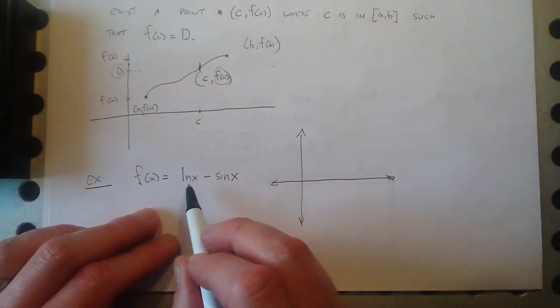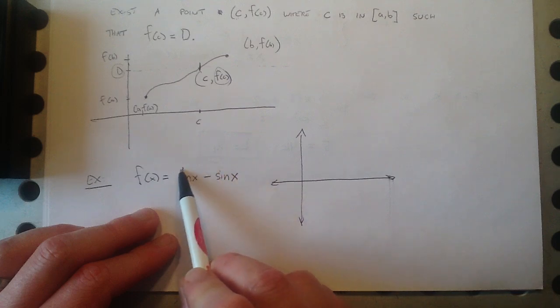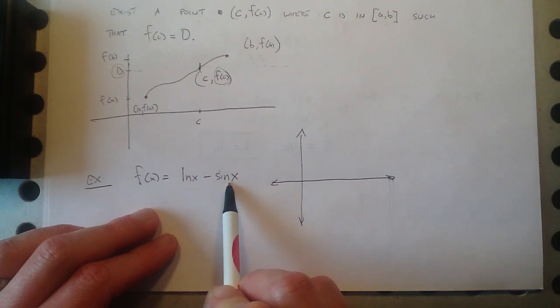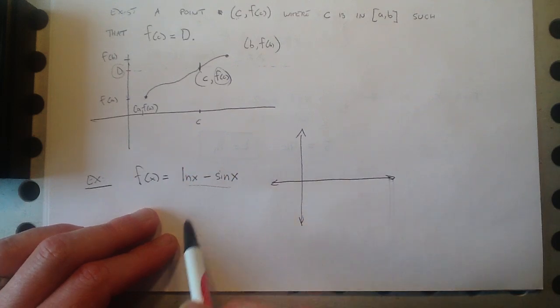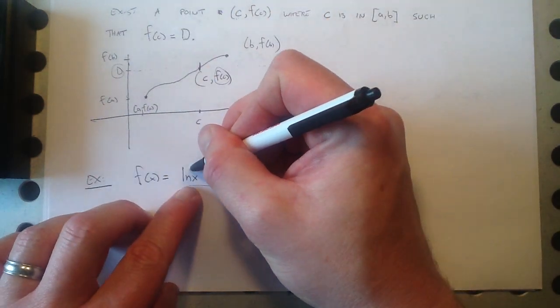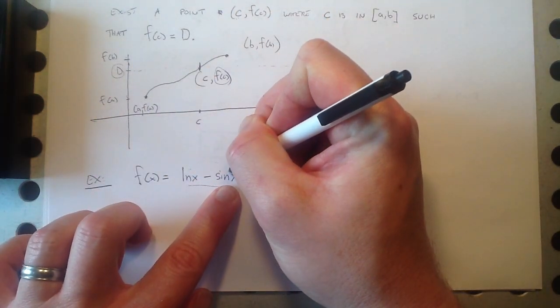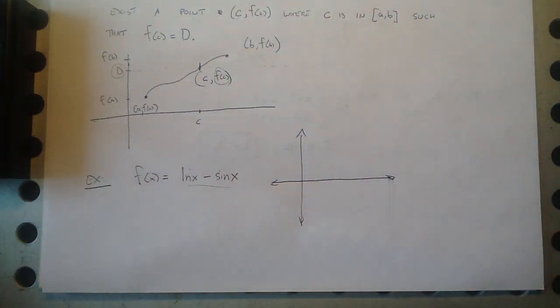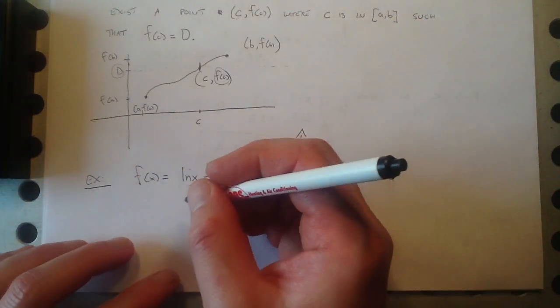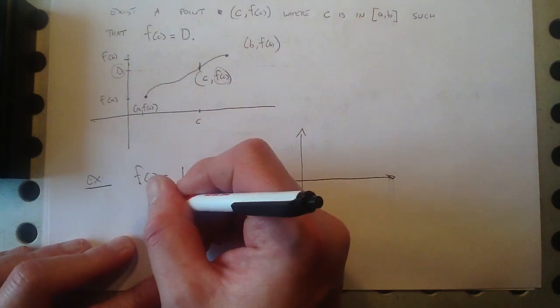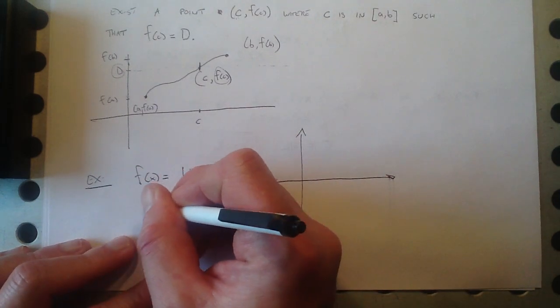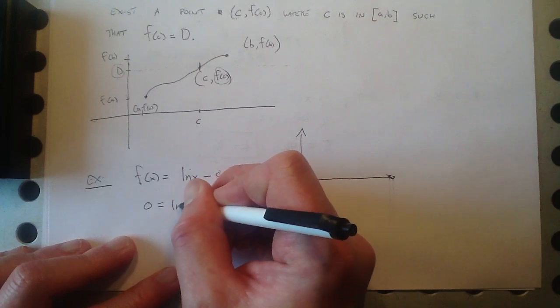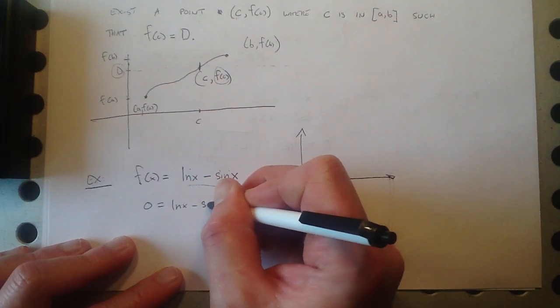If you can find a point that makes this positive and another point that makes this negative, then if you know this is continuous and this is continuous, there must be a zero of this. In other words, zeros of a function are places where the function is equal to 0.